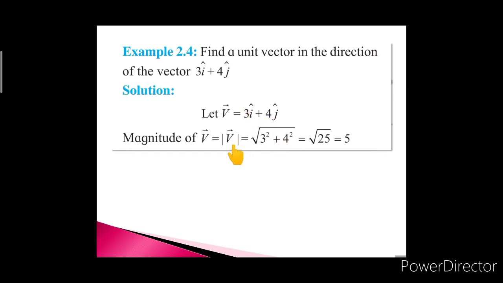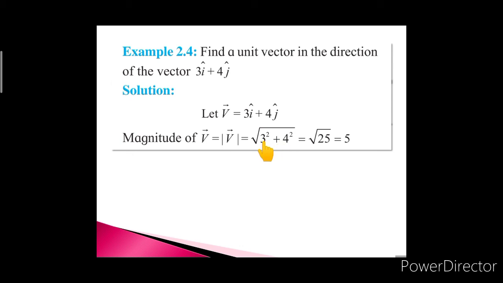So the magnitude of vector v is the square root of the magnitude along the x-axis, Vx, which is 3, so we write 3 square, then the plus sign, and the magnitude along the y-axis, Vy, is 4, so we write 4 square. So it is the square root of 3 square plus 4 square.